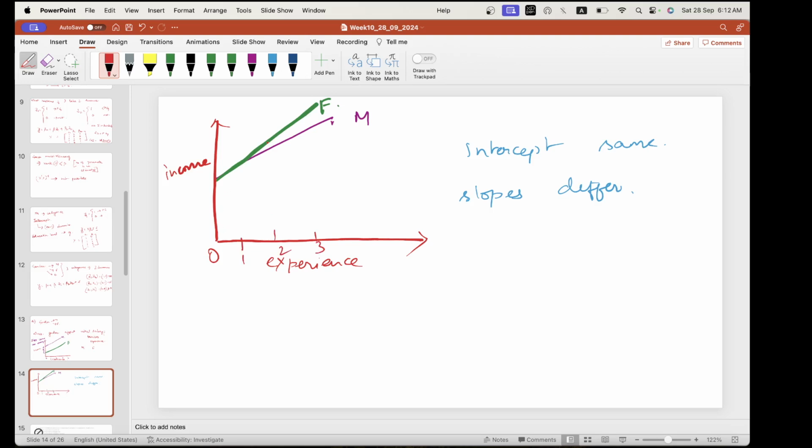For this particular example, females experience a steeper change, their increment in salary is more compared to males.